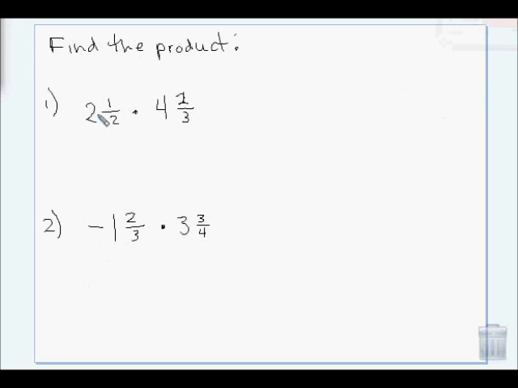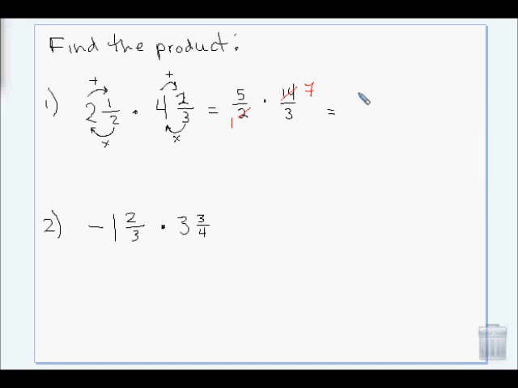So we can't multiply these as they are. We have to convert them to improper fractions from mixed numbers. So I'm going to multiply and add. So 2 times 2 is 4, plus 1 is 5/2. 4 times 3 is 12, plus 2 is 14/3. And if you want, you can cross cancel the 2 and the 14.